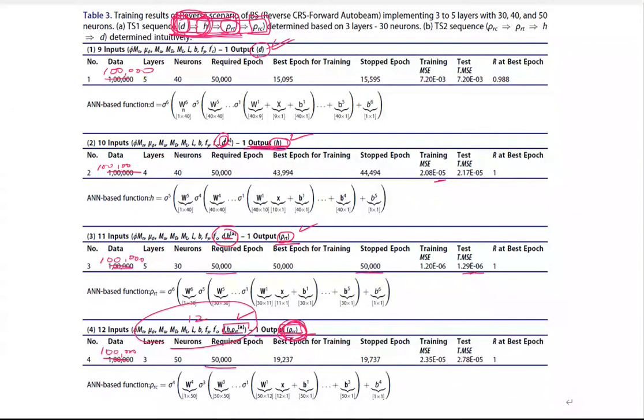So this is a very good way to train your parameters in sequence so that you can have better training results. So you can put the most complex training parameters at the end while having all the training parameters on the input side. And we define this sequence as the TS1 sequence.